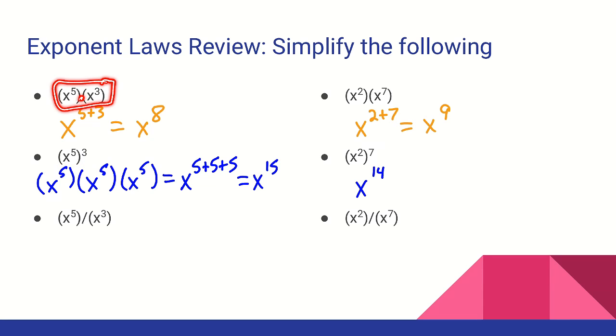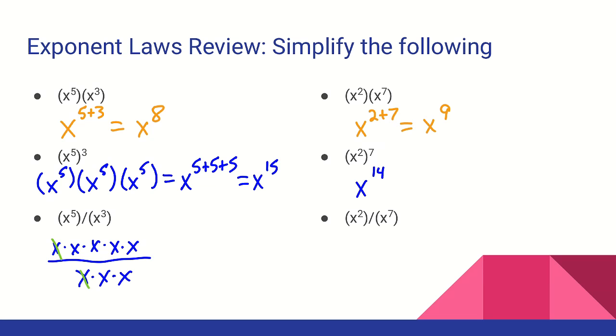Now here, let's look at this one, sorry. Here, we're multiplying these two bases to powers, but they're the same bases, and we add the exponents, 5 and 3. In this one, we're dividing the same bases raised to some powers. So you can really think of it as subtracting, but if you think about this, what you have is x times x times x times x times x over x times x times x.